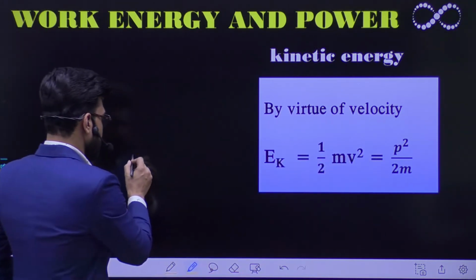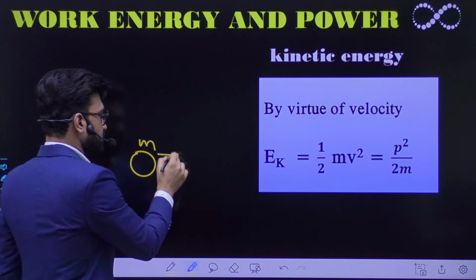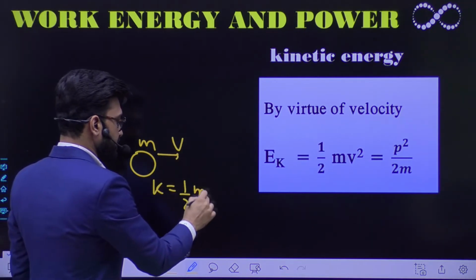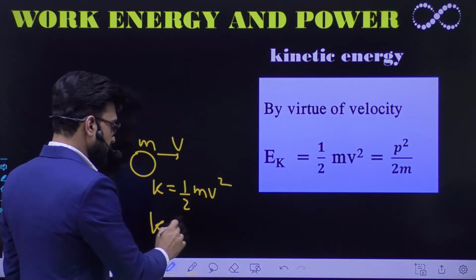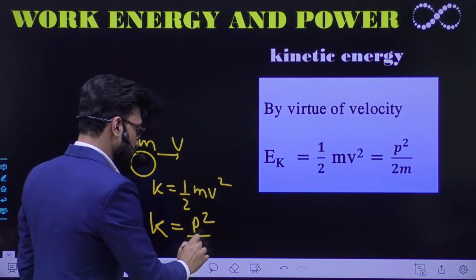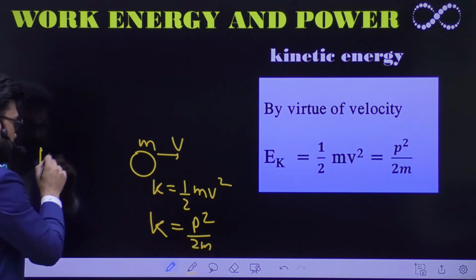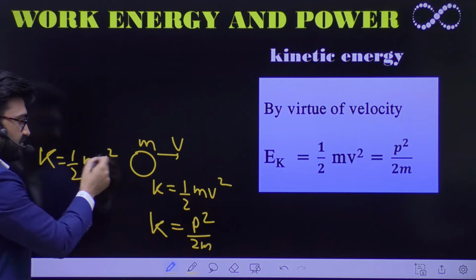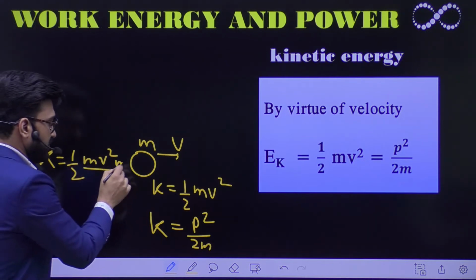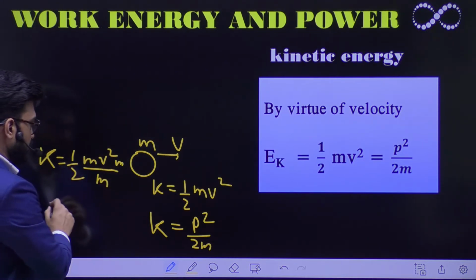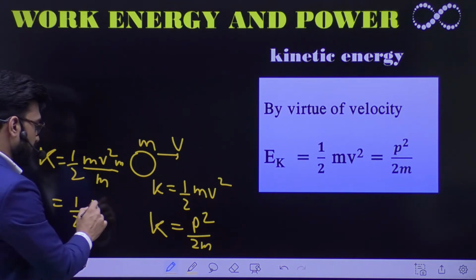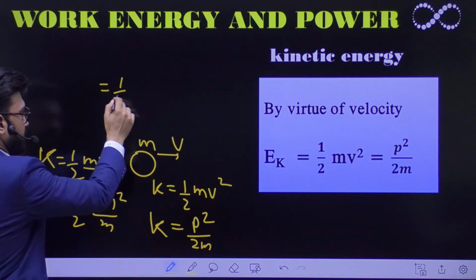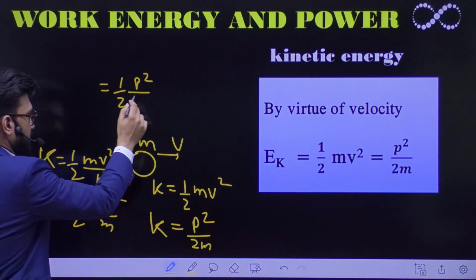A body having mass m moving with the speed of v has kinetic energy of half m v square. This kinetic energy is equivalent to p square by 2m also. How do we come to this conclusion? We know this is half m v square. If I multiply with m and m over here, you'll get half of mv whole square by m, which is nothing but half p square by m.